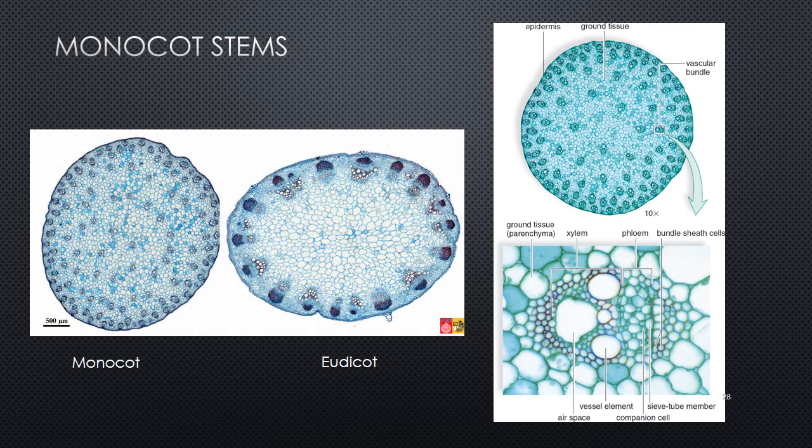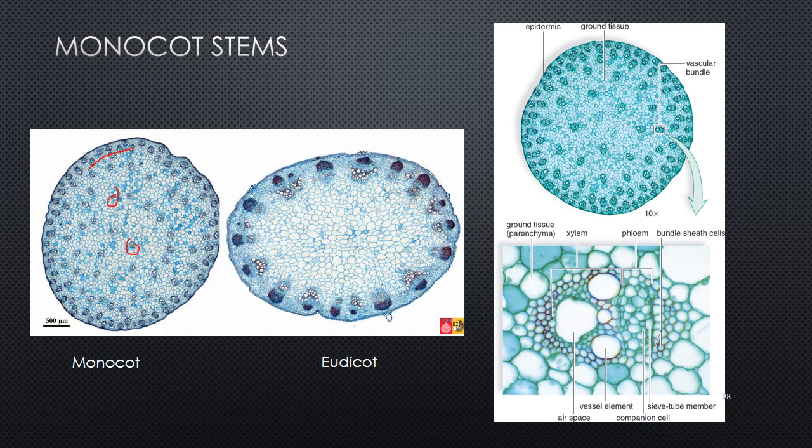So here is a cross-section comparison of the monocot stem versus the eudicot stem. And note the absence of a vascular cambium in the monocots. And the vascular bundles in monocots are spread all throughout the stem. So you do have some on the outer edge, but you also have them all throughout the center.